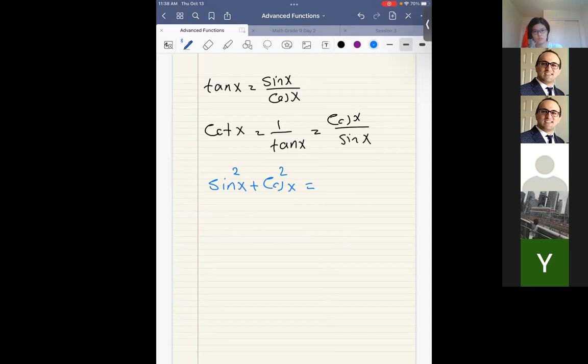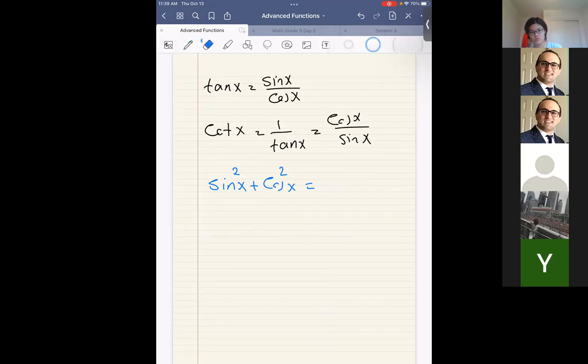So you remember we talked about the unit circle. If you have a unit circle in the plane, cosine of theta was just the x, sine of theta was y. Here I'm using x for the theta, but you can imagine that. So sine square theta plus cos square theta is just x square plus y square in that picture.